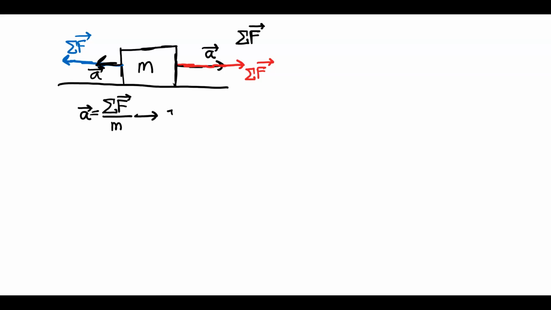Or we get the familiar expression F equals ma, or sigma F equals ma. If you use this way of writing it, net force is equal to the mass times acceleration. And this equation is so incredibly important because now we can directly relate numerical quantities. It is an equation.